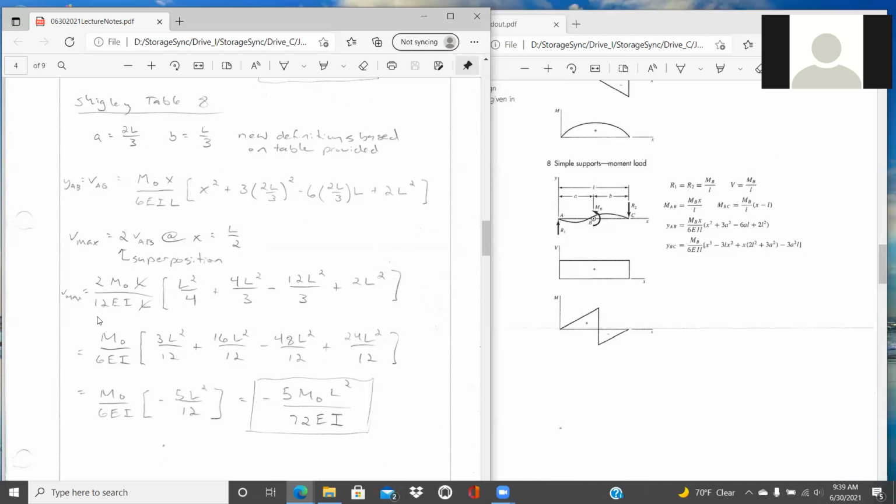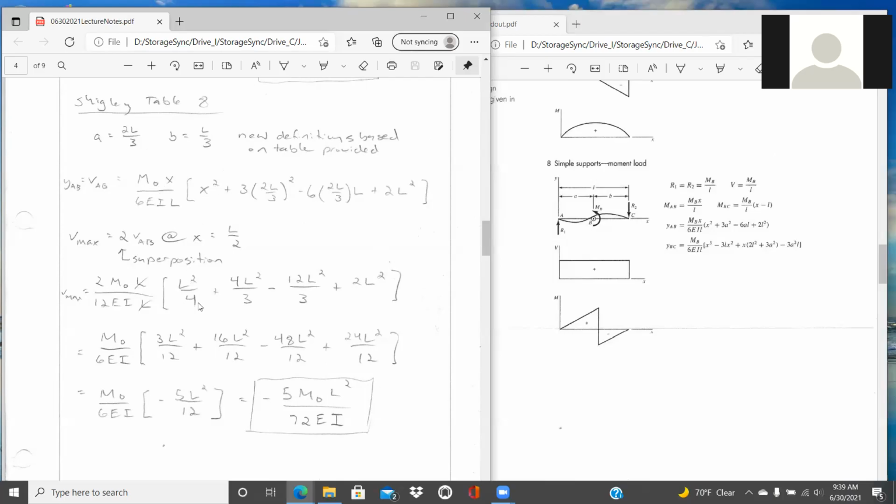So we have 2 M0 L, and X is equal to L over 2, and so that's why we get the 12 in the bottom here. So we have 2 M0, and L over 2 will give us a 12 in the denominator, times EIL, also in the denominator. Then we're plugging in L over 2 for the X term.